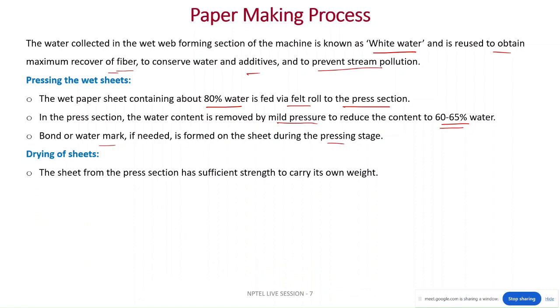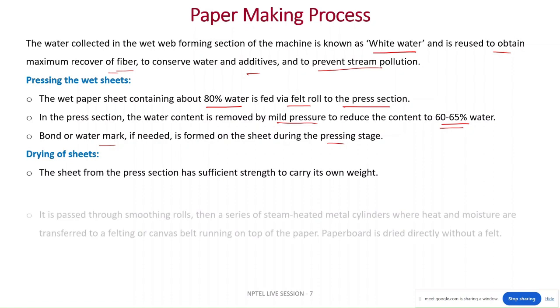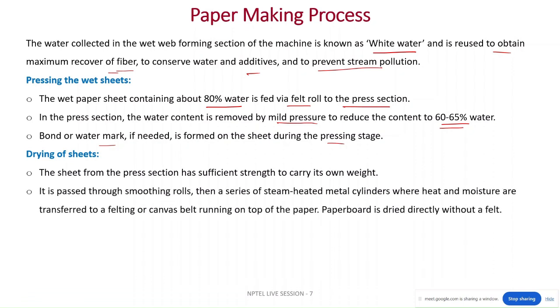The sheet from the press section has sufficient strength to carry its own weight, right? Now, when it passes through the press section, the fiber to fiber bond and sufficient strength has been gained by the paper sheet. So, it can carry its own weight.